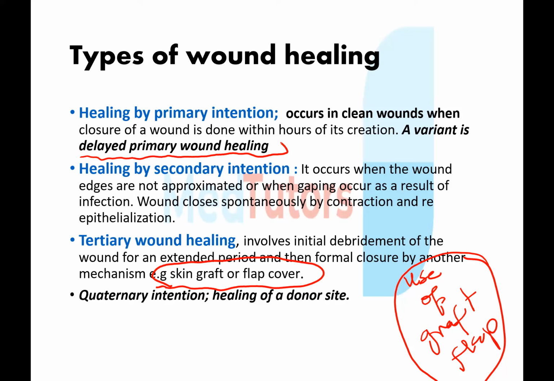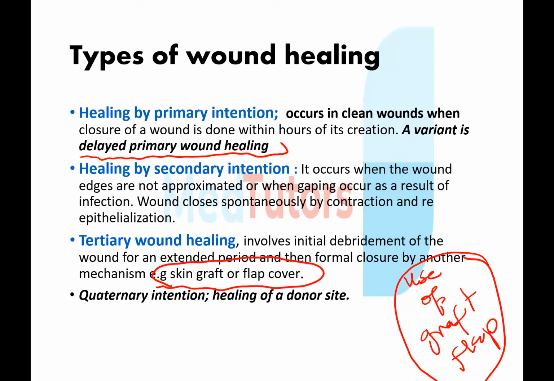When a patient presents with a wound and you see some features of inflammation, or that wound has exceeded the golden hours, which is 6 to 8 hours of injury, you don't want to close primarily. So you allow edema to subside so that the wound doesn't break down. So that process of allowing edema and infection to subside is called delayed primary closure or delayed primary wound healing.